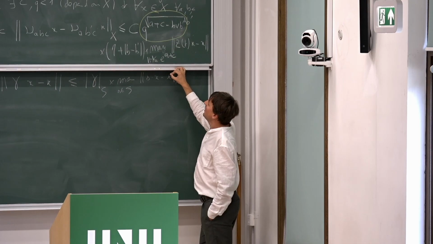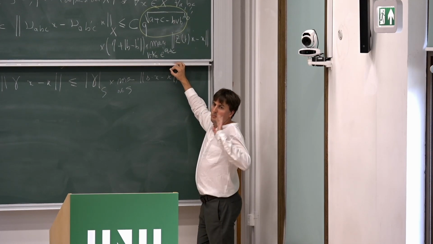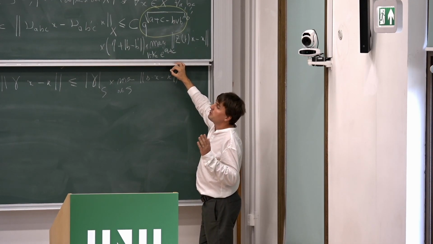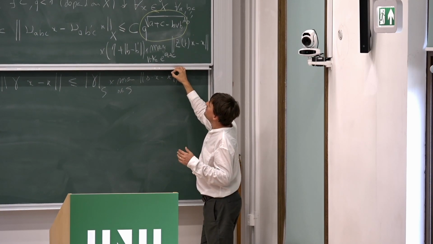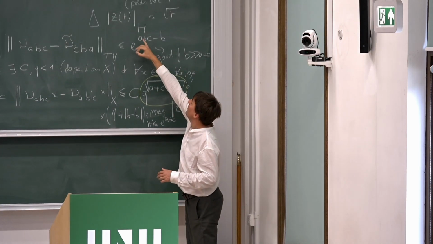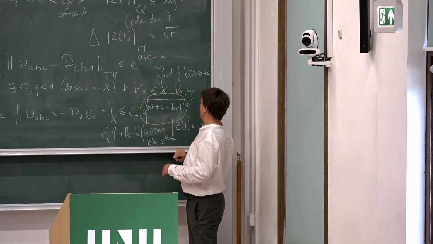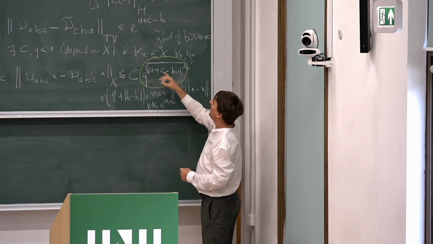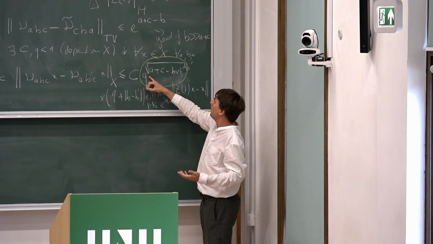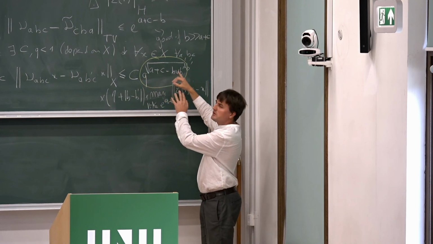So if you were working with just a plain representation of the nilpotent group H, this would be very bad because you have that z of t is over the square root of t. So this would be of order e to the a plus c over 2. And here we have some q that you don't control to some power square root of a plus c minus something.